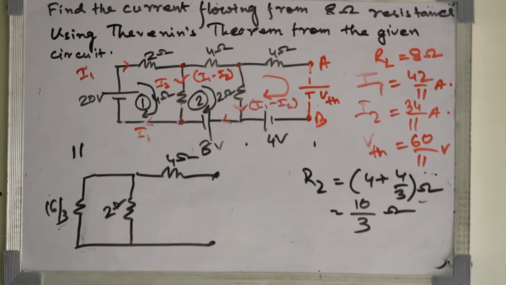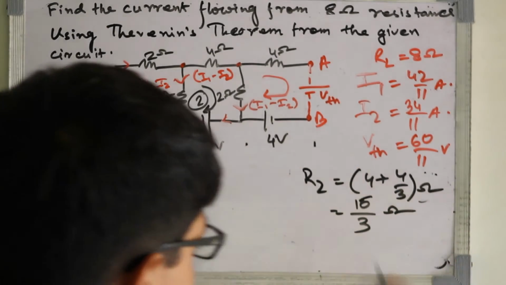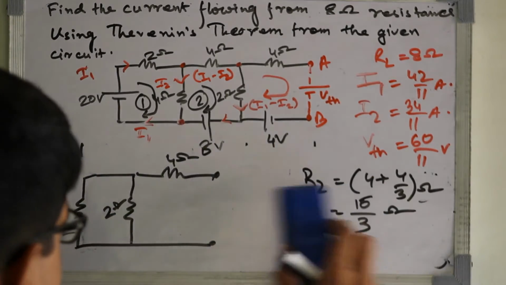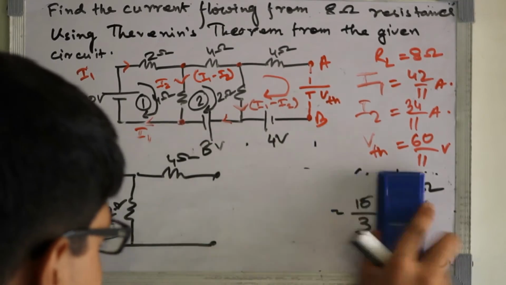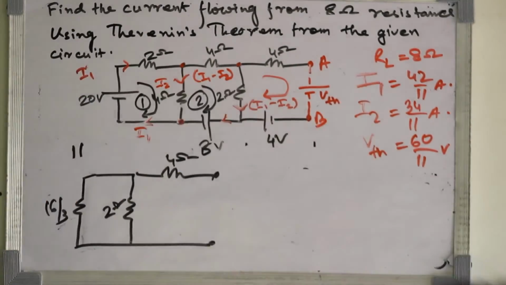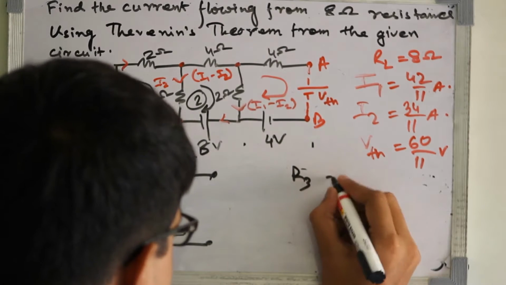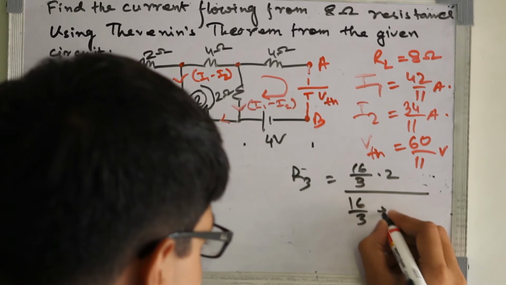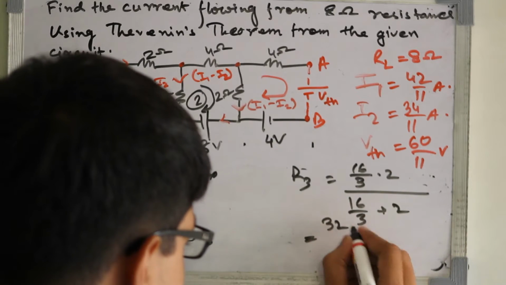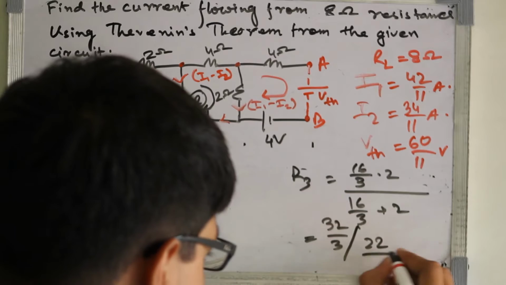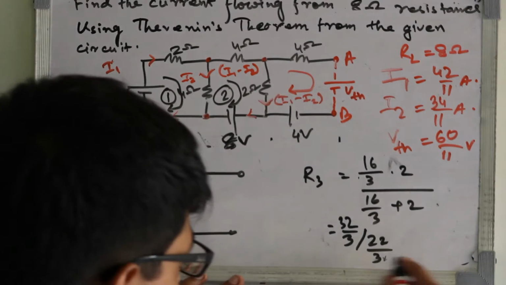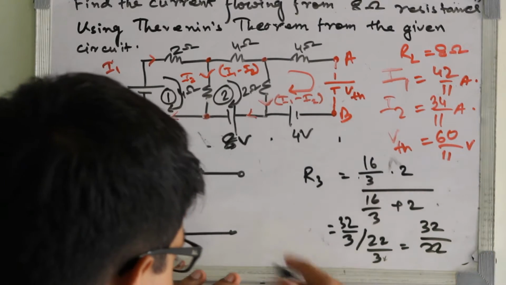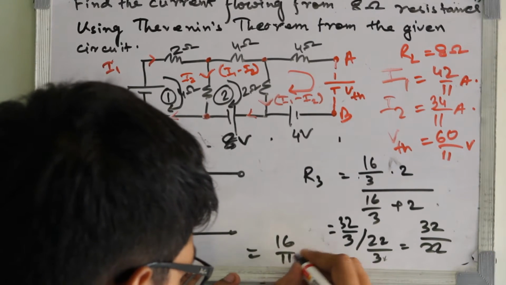Now 2 ohm and 16 upon 3 ohm are in parallel. So let this equivalent resistance be R3. The value of R3 will be 16 by 3 into 2 divided by 16 by 3 plus 2. This equals 32 by 3 divided by 22 by 3, which equals 32 by 22, which equals 16 upon 11 ohm.